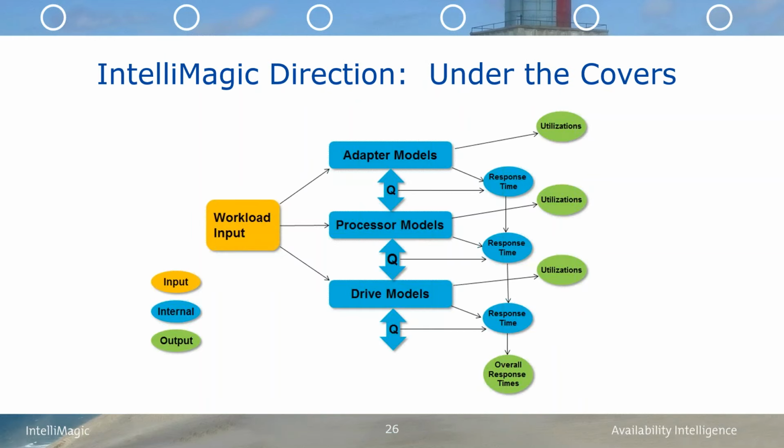So let's look at what we do with all of that conceptually when we build a model of a storage system. We have some amount of input. That input goes into a queuing model, and the queuing model consists of adapter models and processor models and drive models. And there's a cost associated with doing a particular type of I/O, and we talked about the types of I/Os.